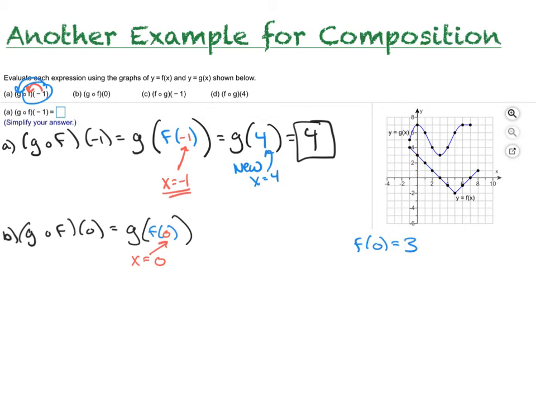Okay, so let's plug that in. So this will be g of f of 0 is 3. Okay, so our new input, we call them x's, is 3. And then we're going to figure out what value g has at x equals 3.